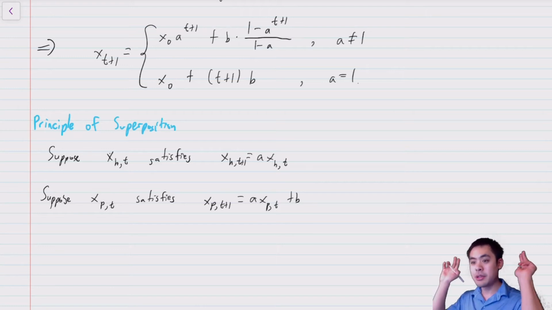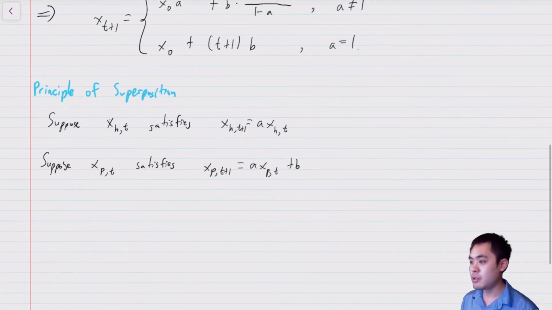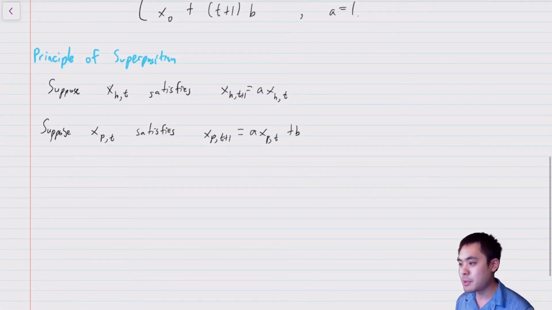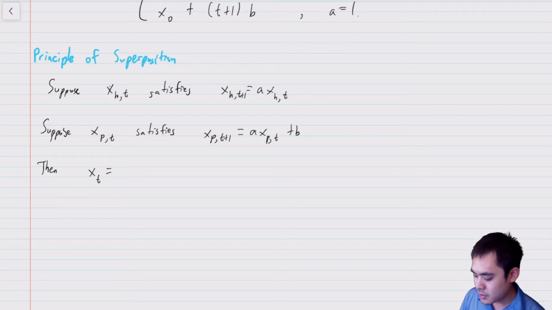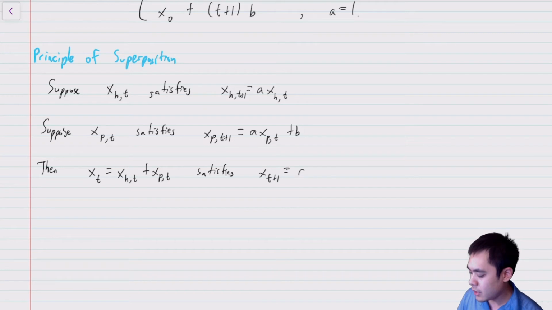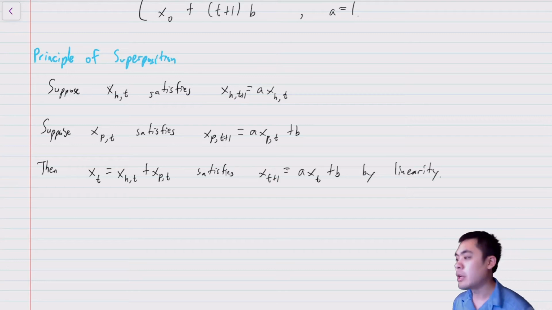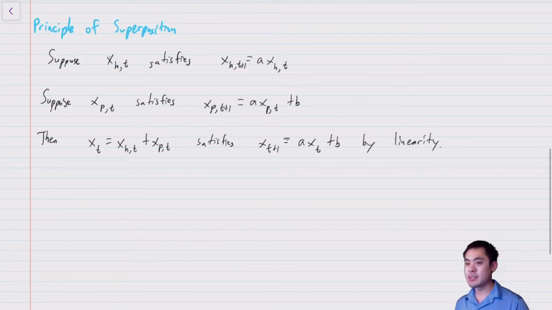So this is a particular solution, which is why we denote it with the index p. Well then, clearly, x sub t equal to x sub h comma t plus x sub p comma t satisfies x sub t plus 1 is equal to a x sub t plus b by linearity. You can just substitute things in and you'll see that this is true.